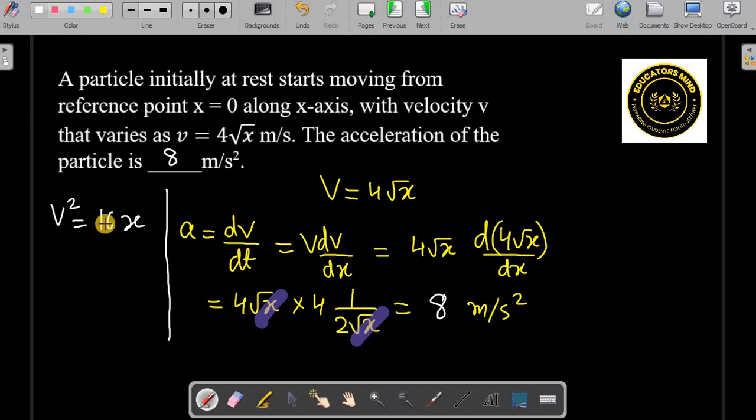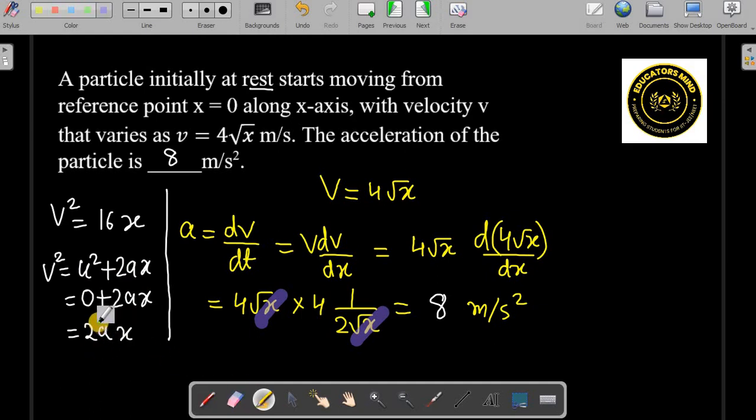Here another approach is v square is equal to u square plus 2ax. If you consider initial velocity rest, so u is anyway 0. This is 2ax. Here 2a is the coefficient of this x. That means we can directly compare 2a is equal to 16.